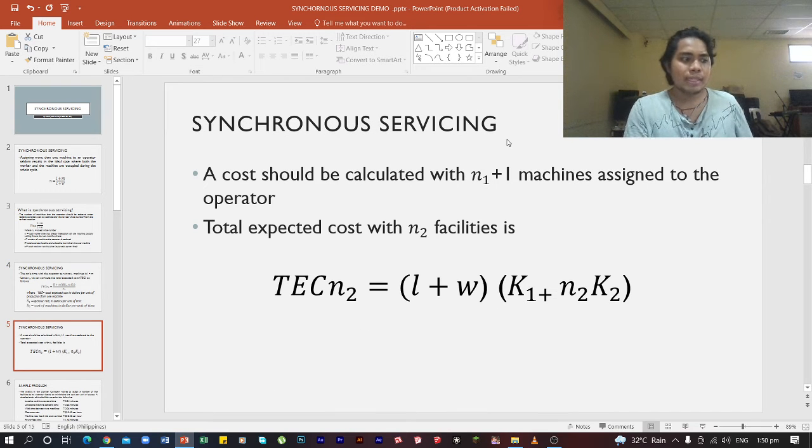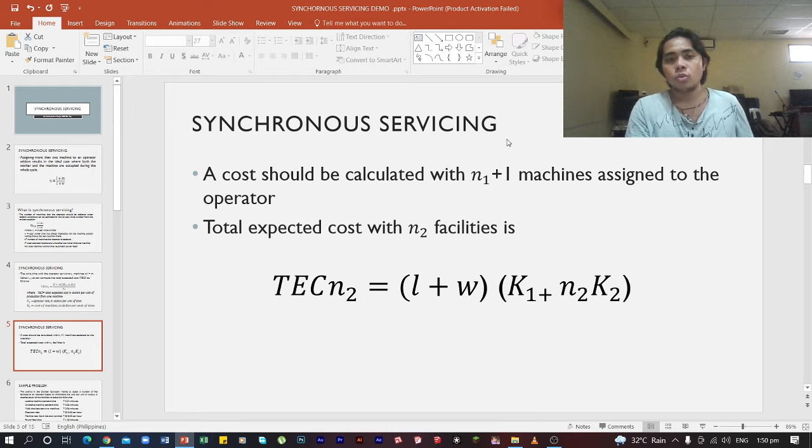So, for example, you're the production manager of the production industry, and your boss, the CEO, asks you to add more machines to an operator. So the cost should be calculated with N sub 1 plus 1 machine, because you're adding one machine assigned to an operator.